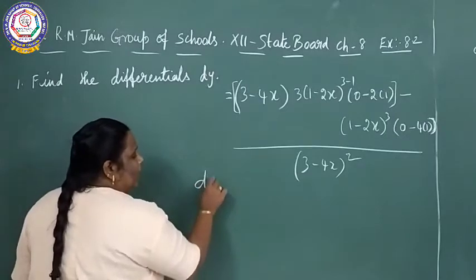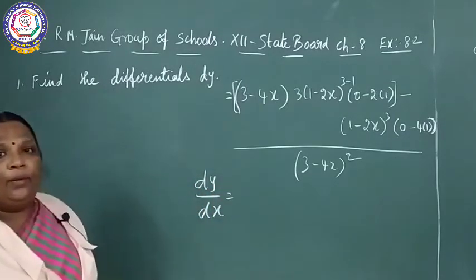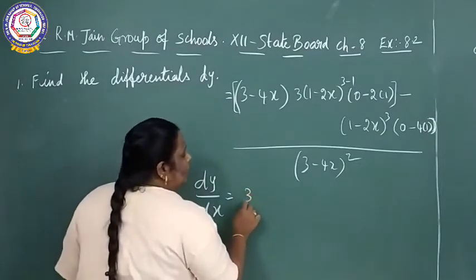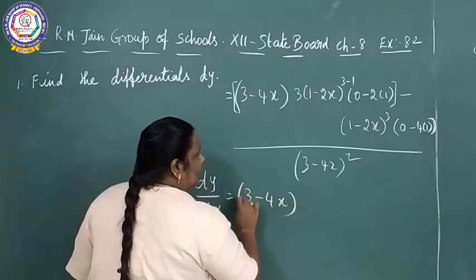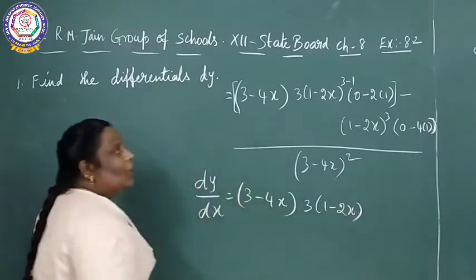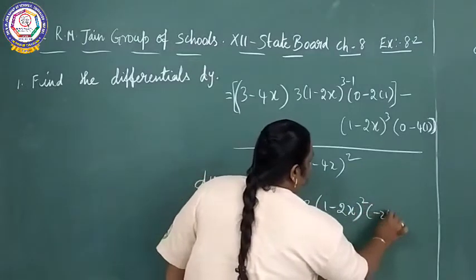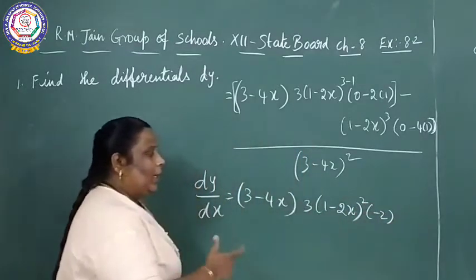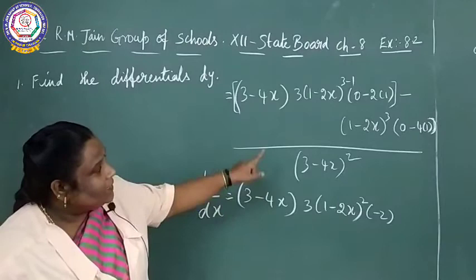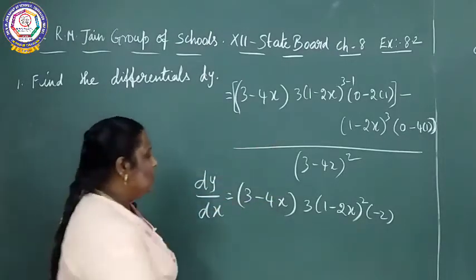dy by dx equals (3 minus 4x) into 3 into (1 minus 2x) whole power 2 into minus 2, the one term; (3 minus 4x) into 3 into (1 minus 2x) whole power 2 into minus 2.